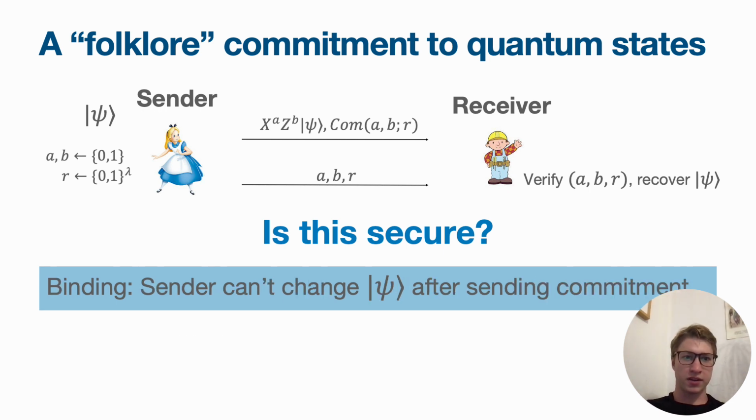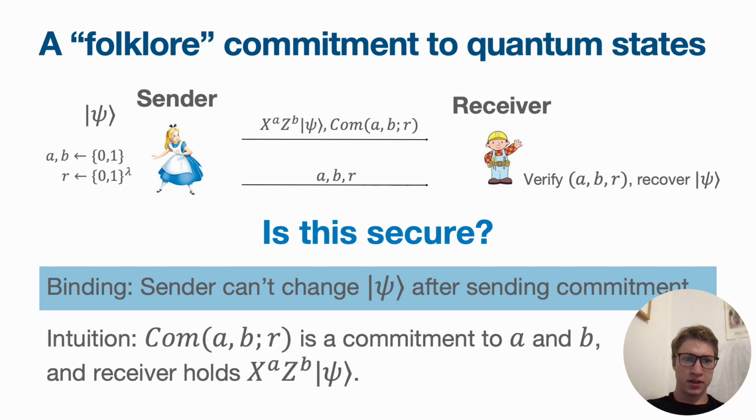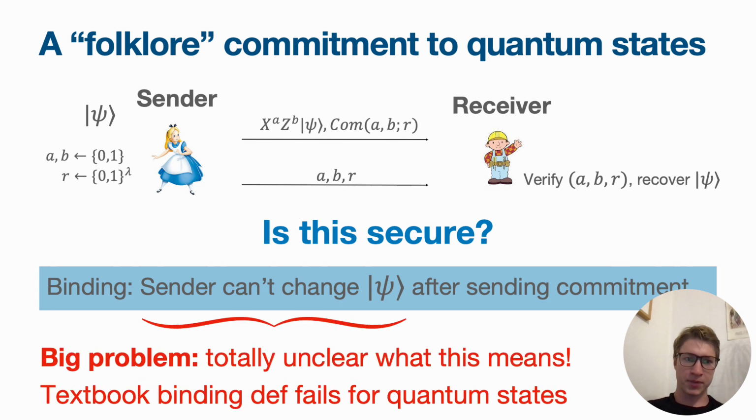Well, binding says that the sender can't change psi after sending the commitment. And indeed, because the sender has to send the state, it seems like the only thing they could do in order to open to a different message would be to change the bits A and B. But this is exactly what the classical commitment says that they can't do. So okay, so intuitively it would seem like this is a binding commitment scheme.